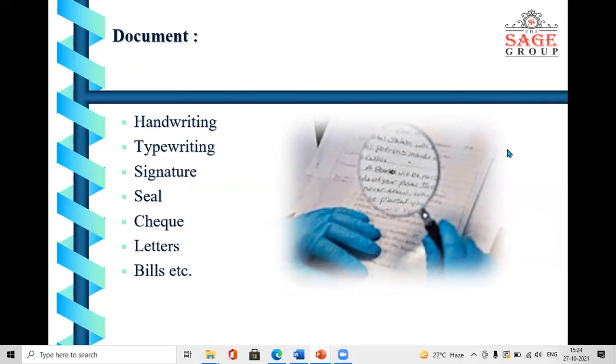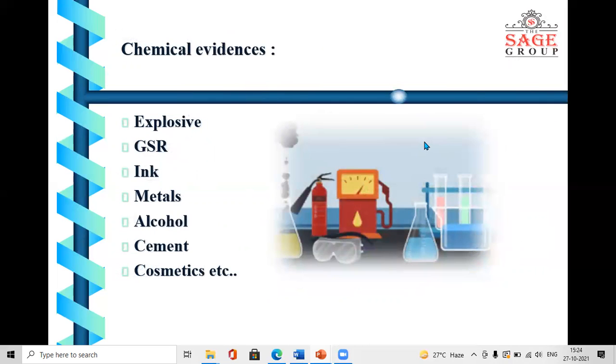Now I'm going to talk about chemical evidences. Any evidence which consists of a chemical. For example, GSR, gunshot residue. Gunshot residues are made up of chemicals. Explosives are made from a combination of chemicals.